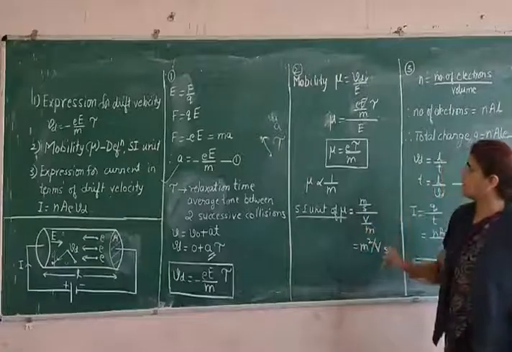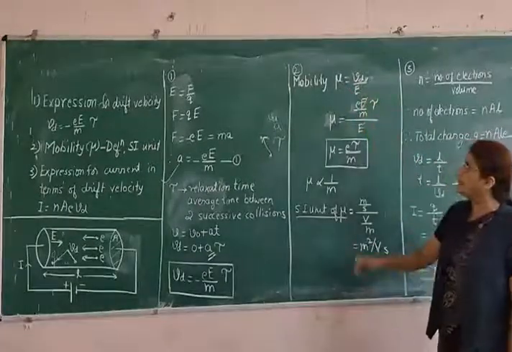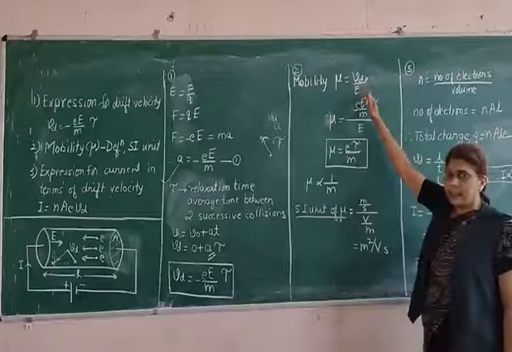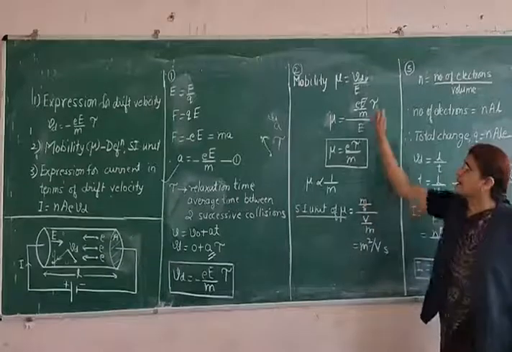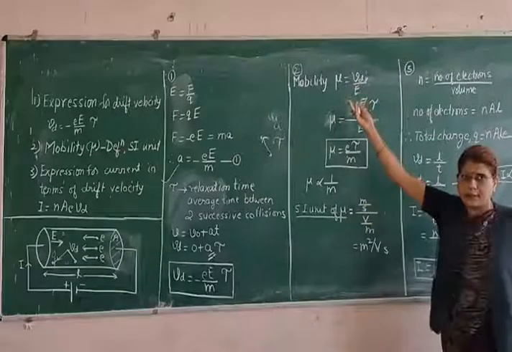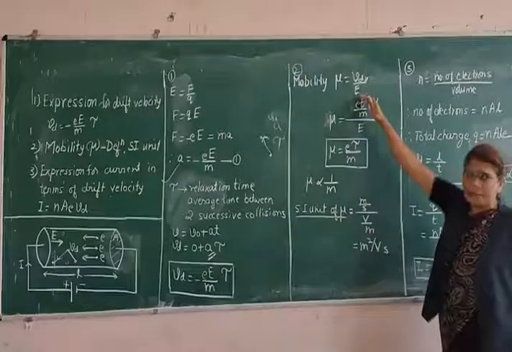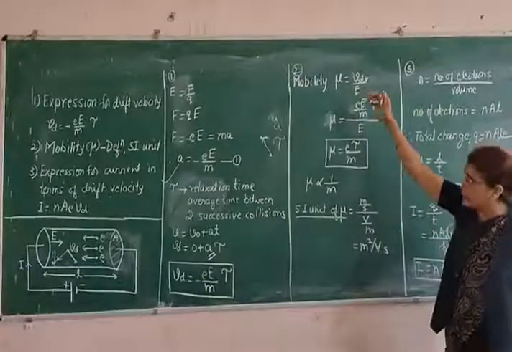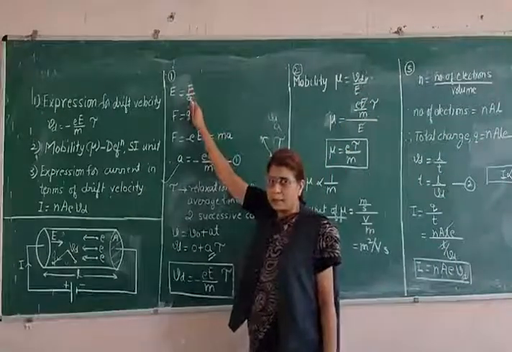If you don't remember the SI unit, you can use the basic definition: drift velocity upon electric field. Put the unit of both, the unit of velocity and the unit of electric field. Unit of velocity everybody knows, it is meter per second. What is the unit of electric field? One unit is Newton per coulomb.